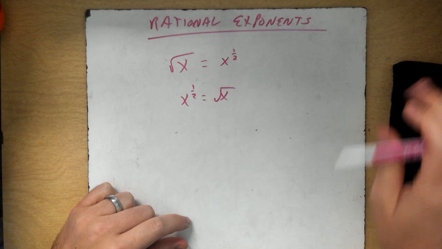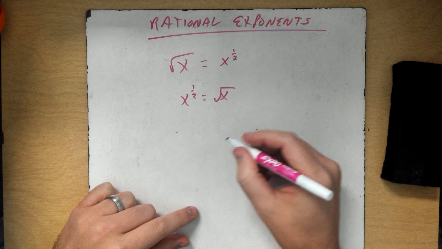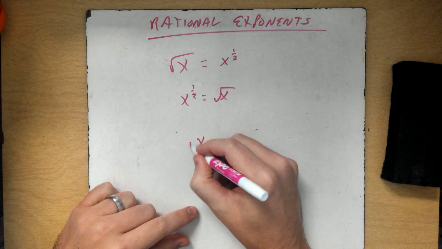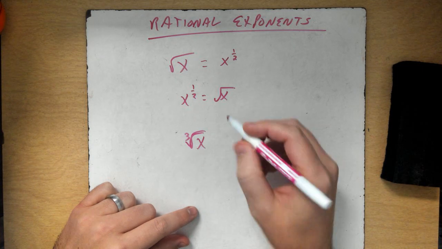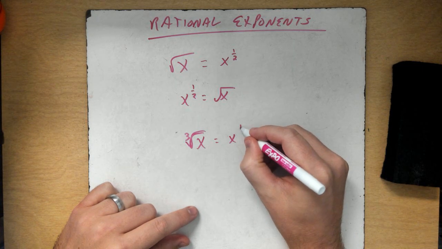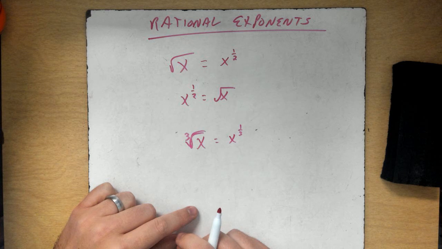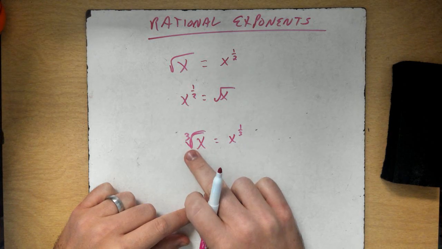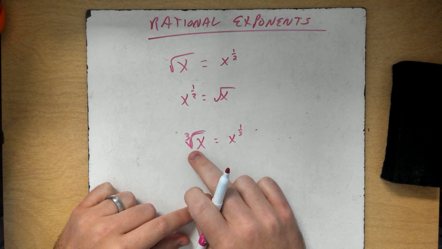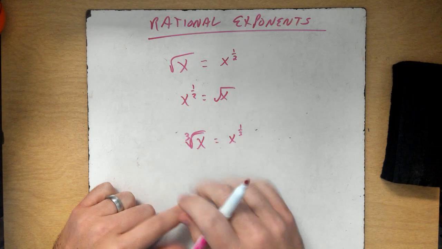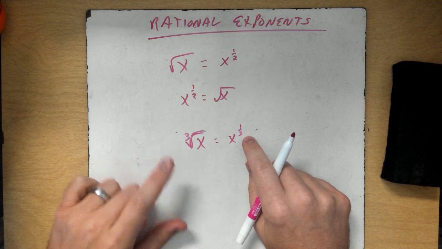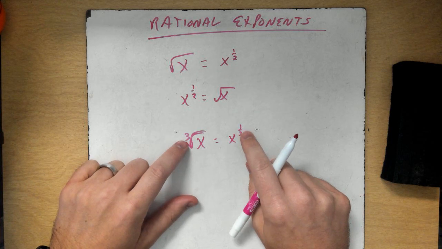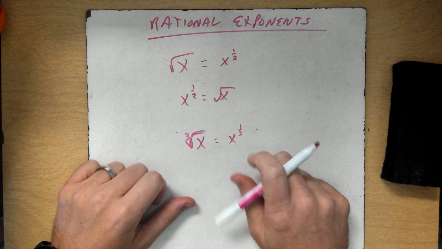Now you can also say that the cube root of x, or the third root of x, equals x to the 1/3 power. So anytime you have a root, whatever root it is, a square root or a third root, when you put it into an exponent, whatever number is here goes in the bottom of our fraction, 1/3.